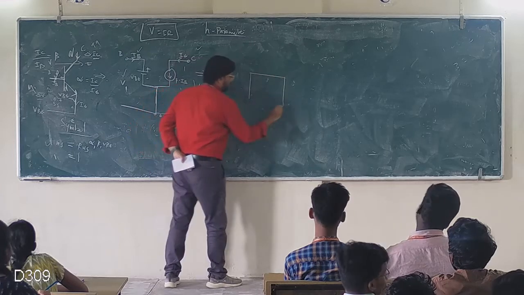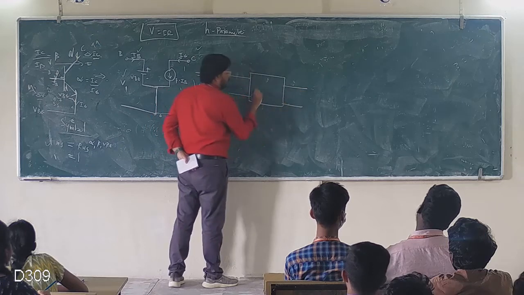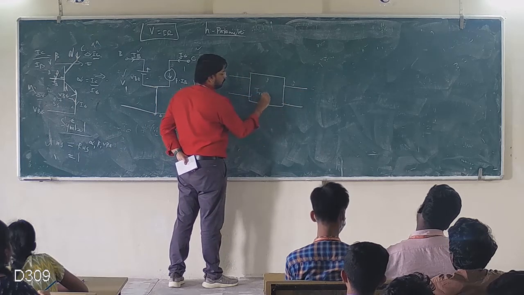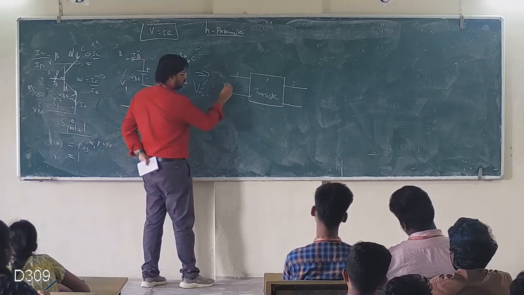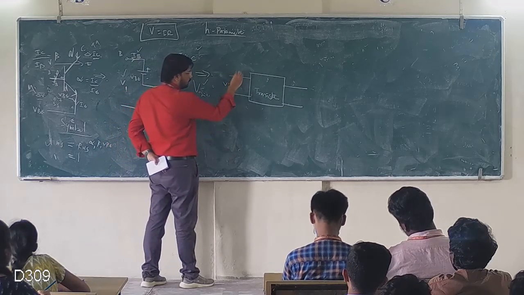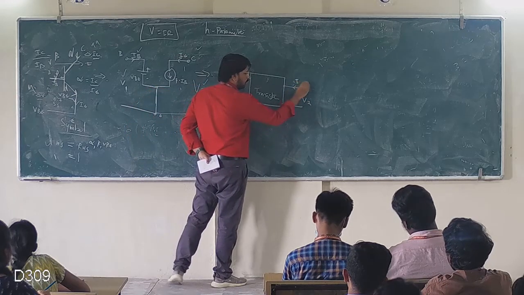Let's say the mathematical model, right? What is this? Transistor. What is this? V1. What is this? I1. What is this? V2. What is this? I2.